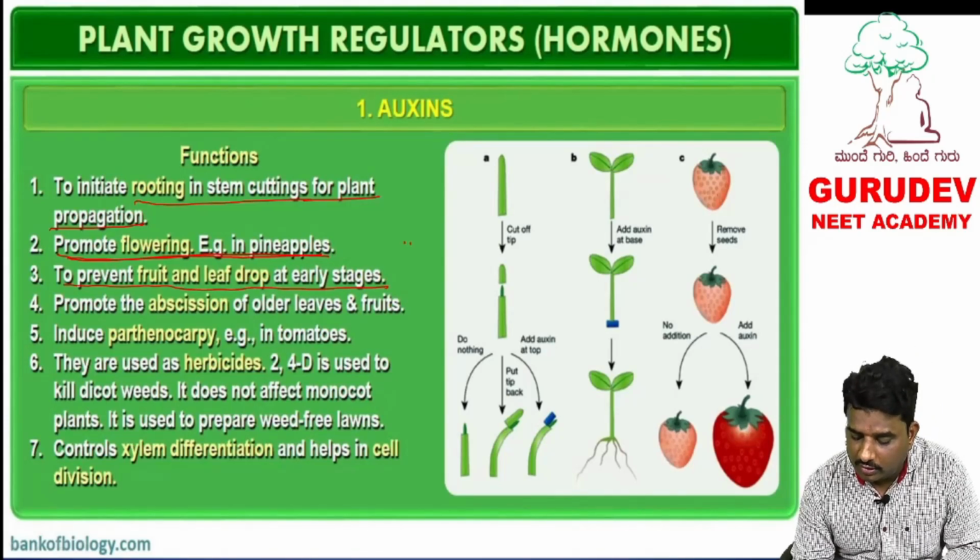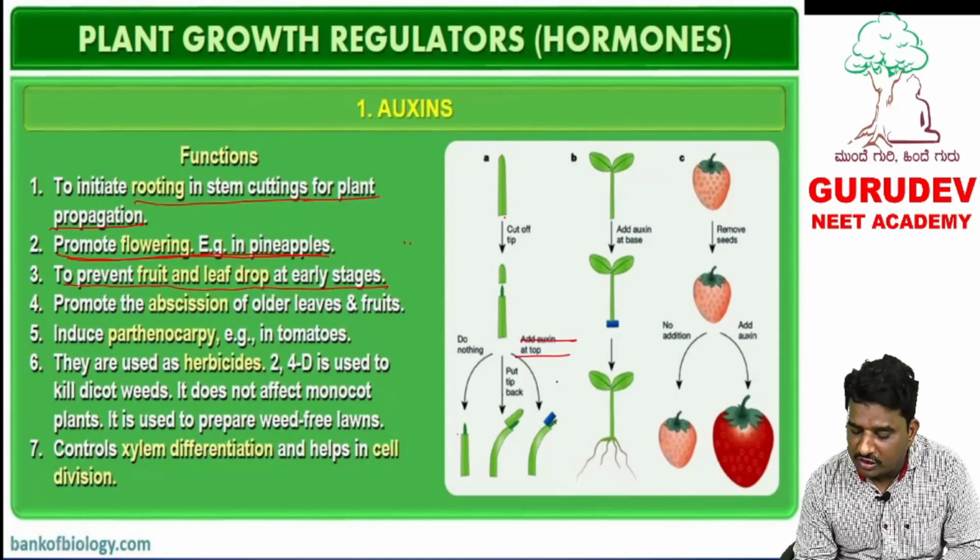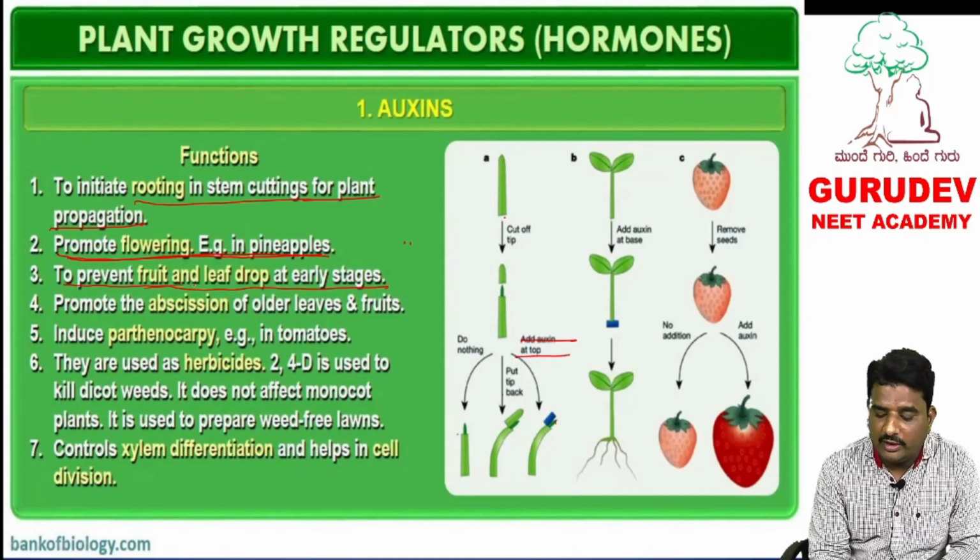Rooting in a stem cut: suppose this is a stem cut, if you add auxin here, root formation takes place. It also promotes flowering in pineapple plants. Leaf drop and fruit drop in early stages are prevented by auxin.